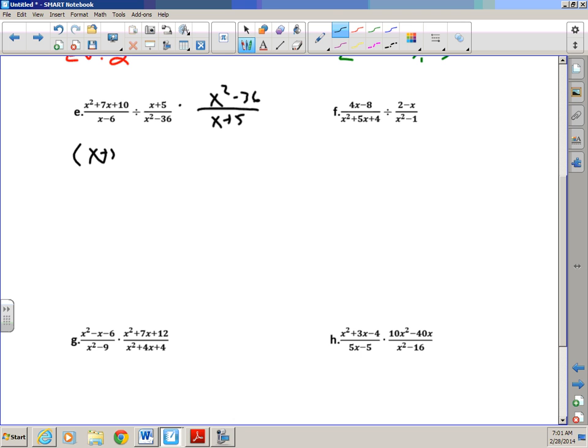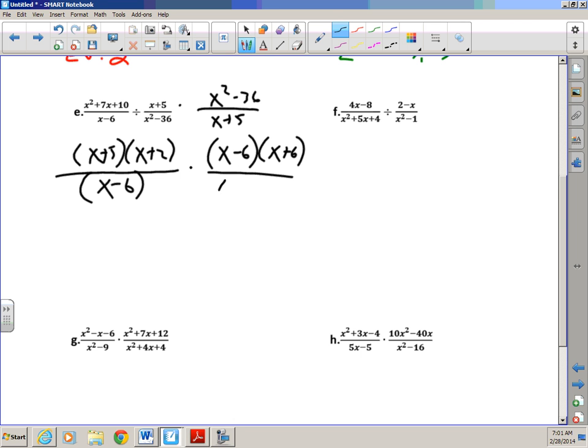So what do I have? x plus 5, x plus 2 over x minus 6 times x minus 6, x plus 6 over x plus 5. Now I start my canceling. And I'm left with x plus 2, x plus 6, and my excluded values are 6 and negative 5.